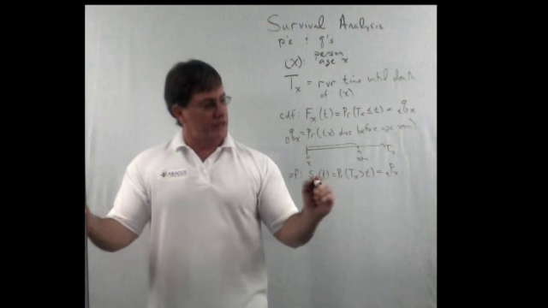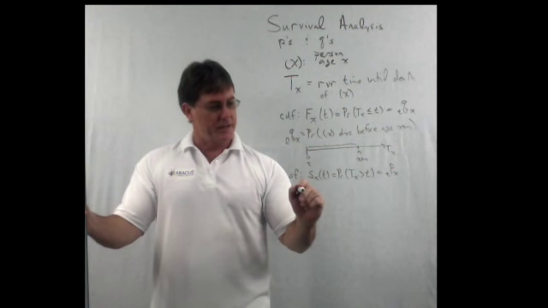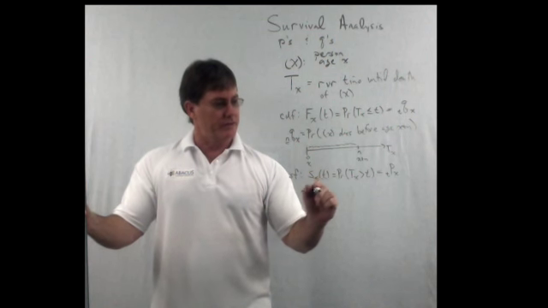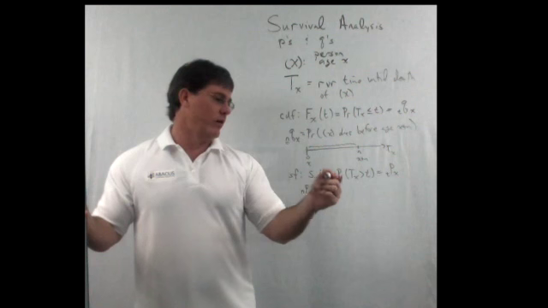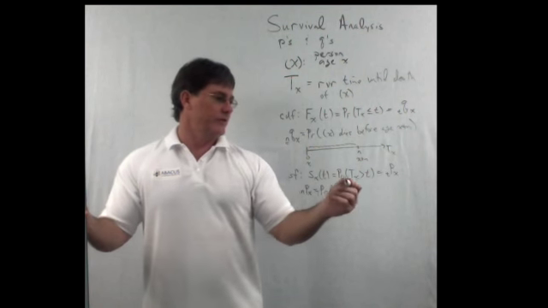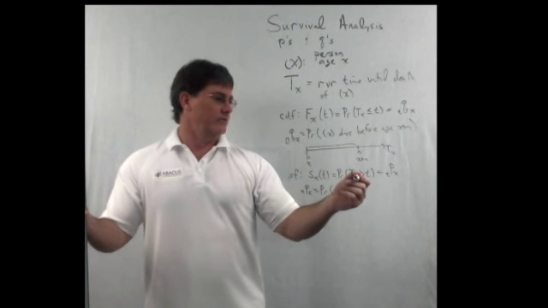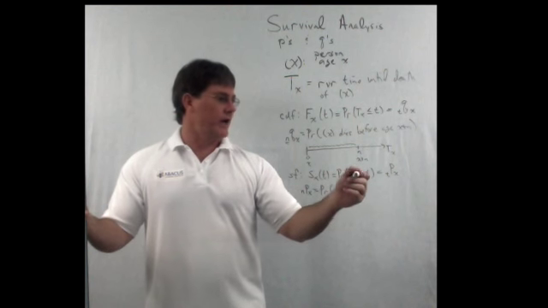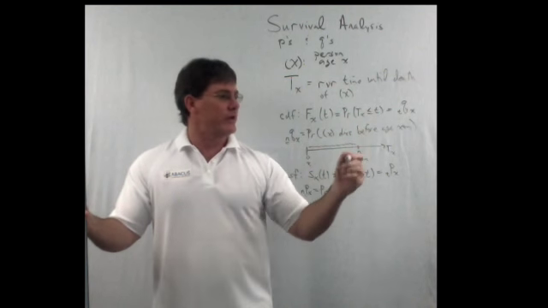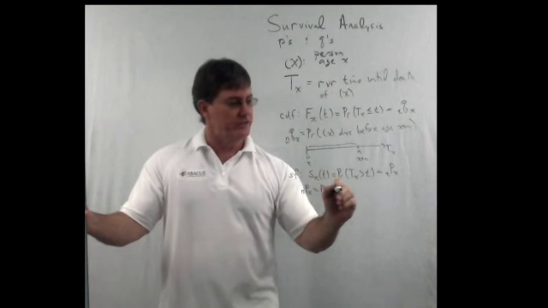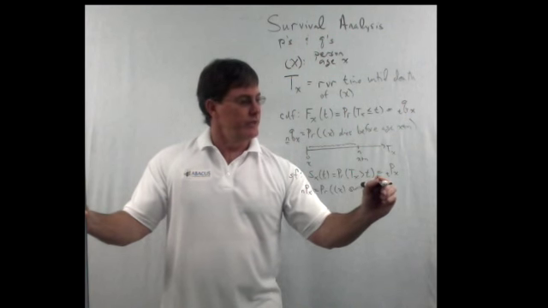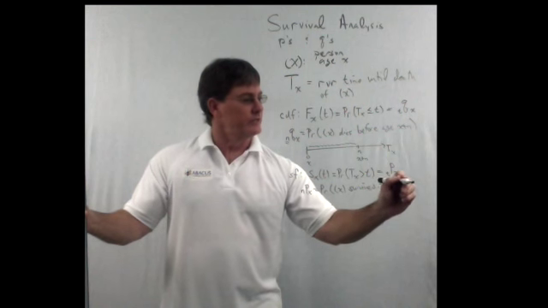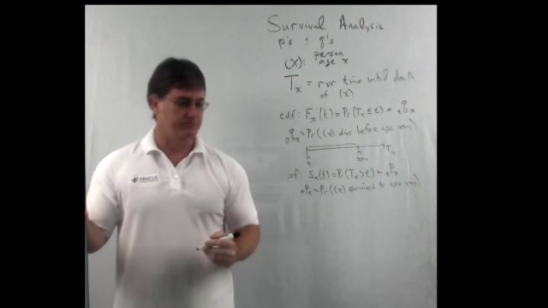Okay, the timeline for this, let's look at, say, an npx. What would an npx represent here? Well, before I get to the timeline, let's talk about the event. This is the probability that x dies after age x plus n, which is the same as saying that x survives to age x plus n, hence the name survival function.